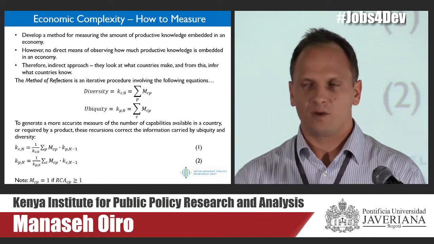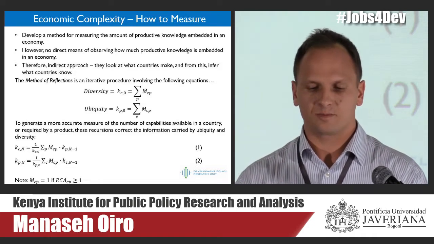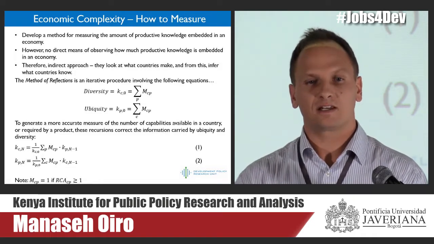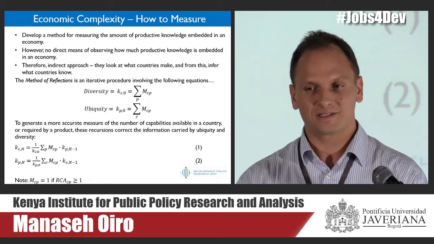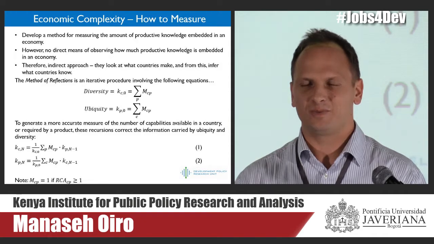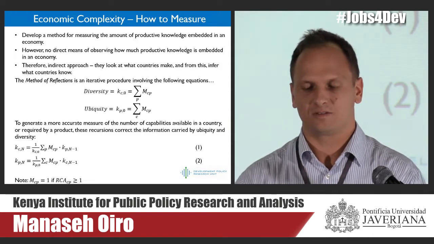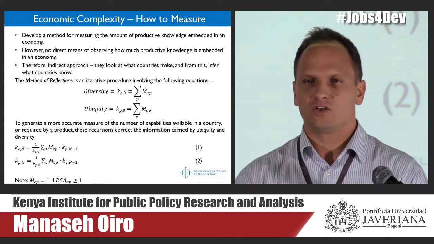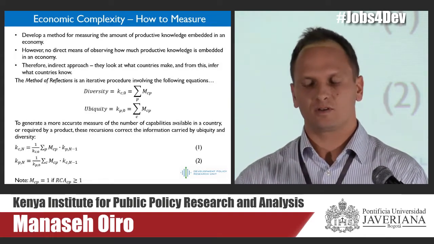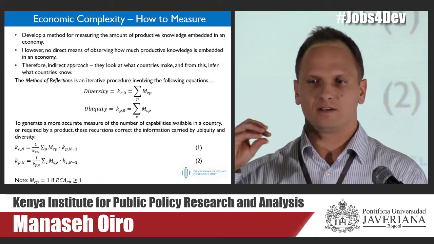But there's a problem. For instance, if you take ubiquity, say you look at diamonds. Not many countries produce diamonds, but we know that diamonds is not a really complex product. Just intuitively, it's not. You know, you pull it out of the ground. So you need to correct that information because it's not an ubiquitous product.